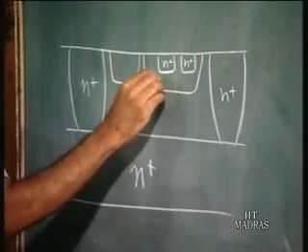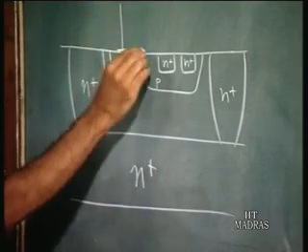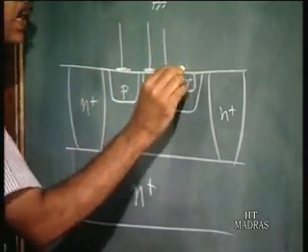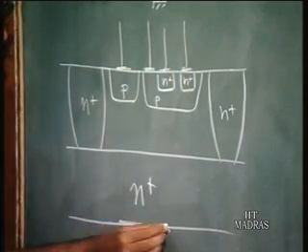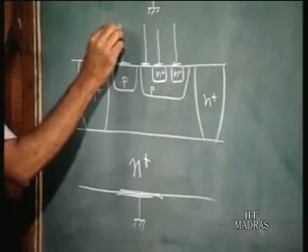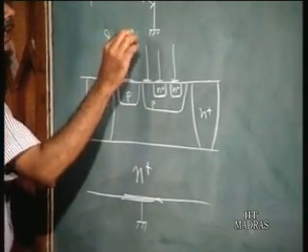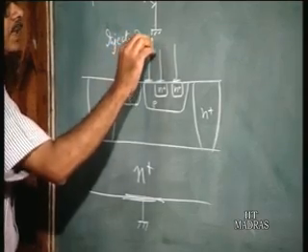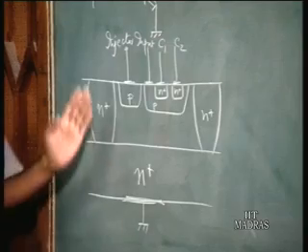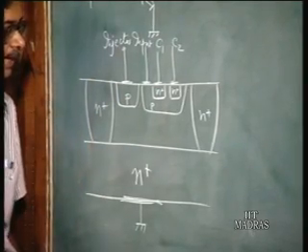This is P, this is also P. This is the injector terminal, this is the base or input terminal, and these are the collector terminals, and the ground terminal is at the bottom. In this case there are 2 collector terminals, but it is possible to have more than 2 also.